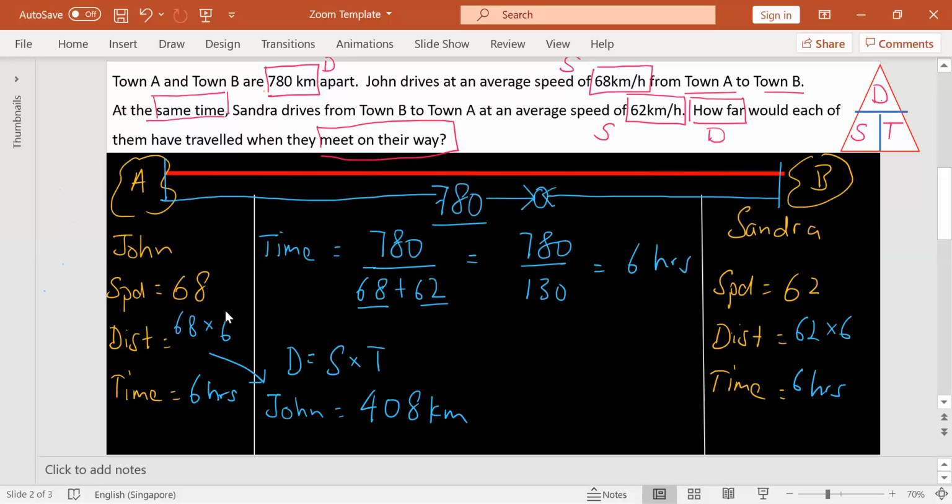And we have Sandra's distance covered will be 372, right over here. That's it. And together they would have covered 780 kilometers.